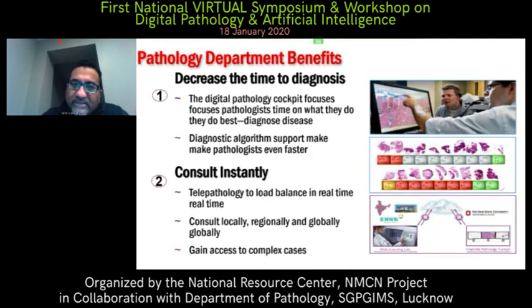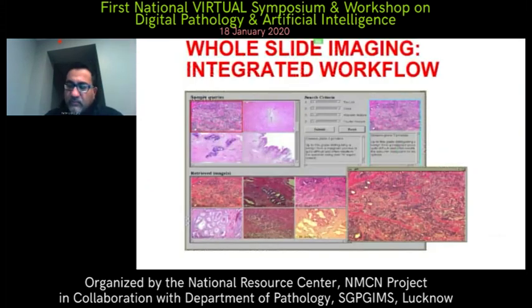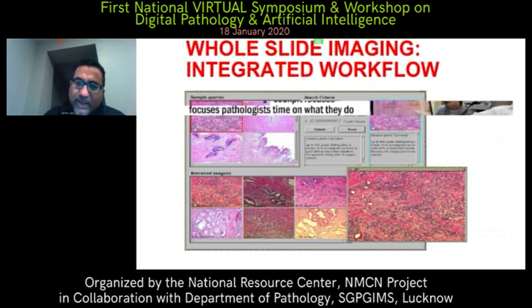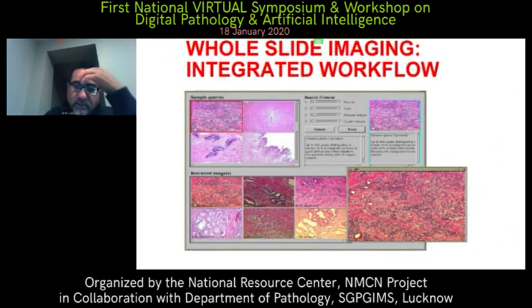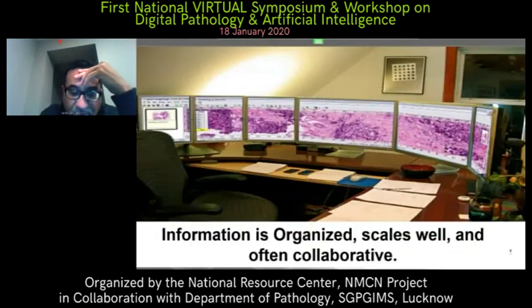So this is one way to integrate your entire workflow from end to end. This is what the typical office will look like in the future, where information is organized, it scales well, and it's often collaborative.